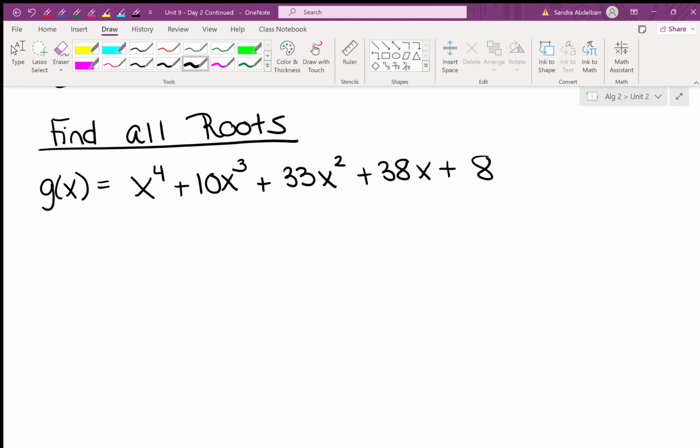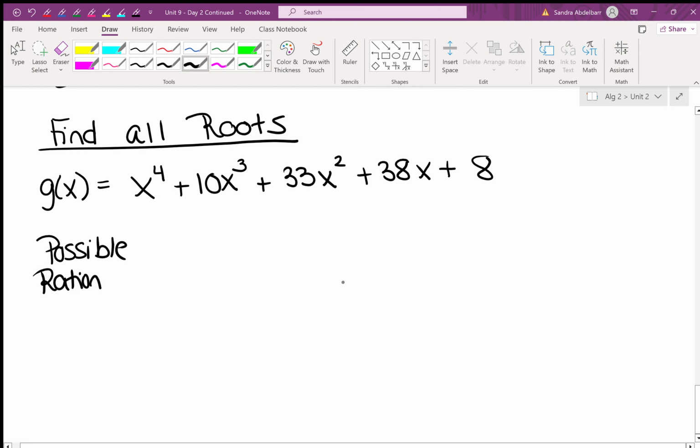So where do we start all of these problems? By listing what? The constants, the possible factors, and the leading coefficient. Yep. So the possible rational roots.